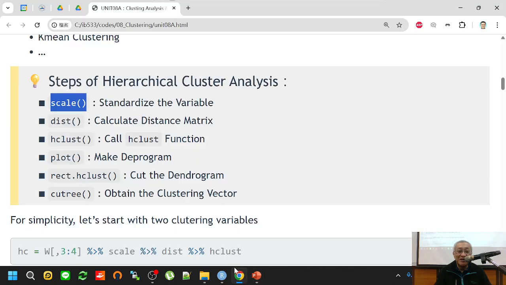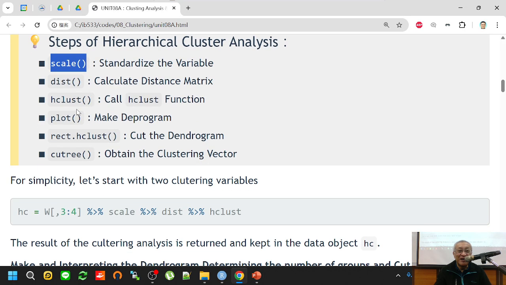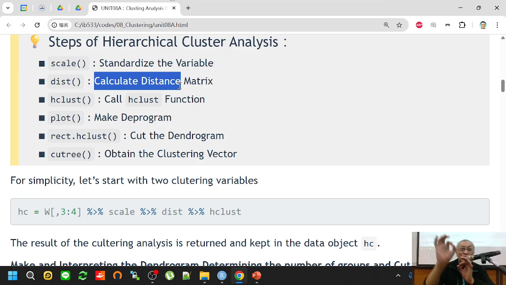And then after we do the scaling, we map the subject into the multi-dimensional space. We need to calculate the distance, right, between each of these subjects, so we can do the clustering, right? We want subjects that stay close to each other, so we need to calculate the distance among them.